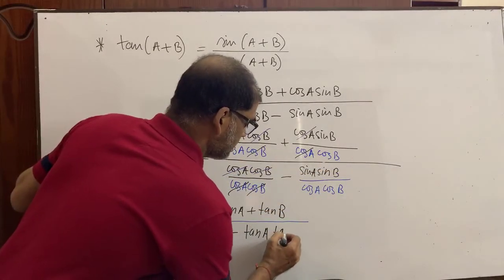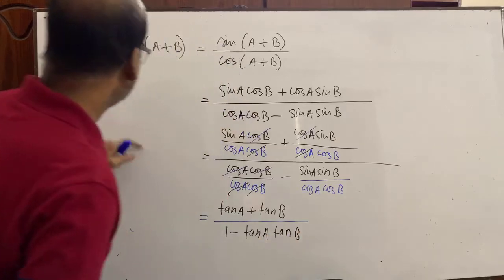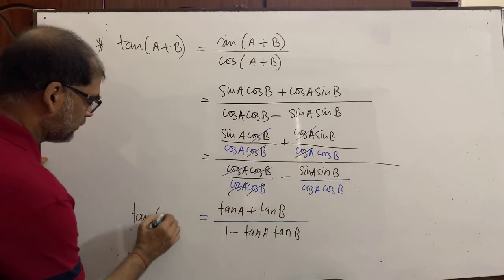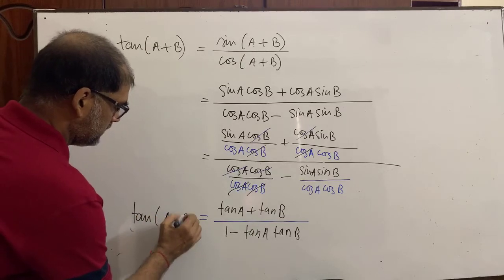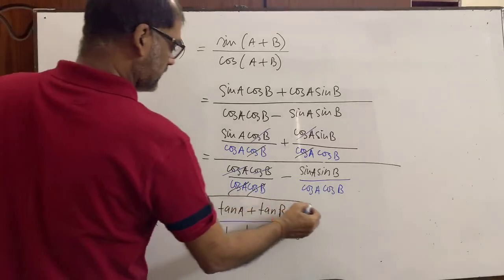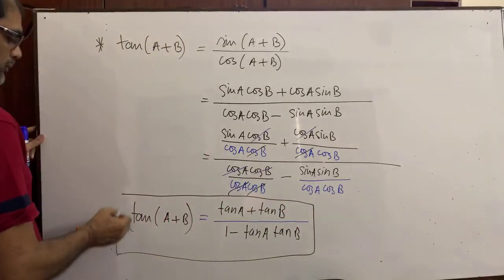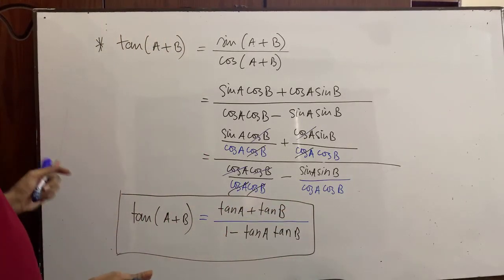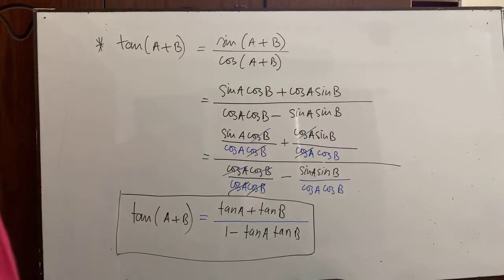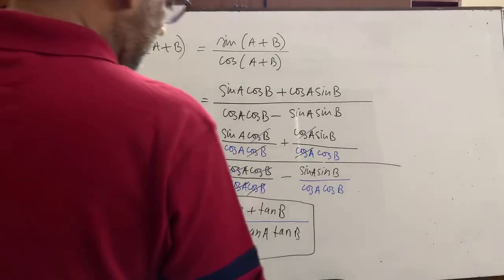Tan B. That means we are getting here tan of A plus B. This is the most important formula. Pay attention. The most important formula. Okay? And it is vastly used.